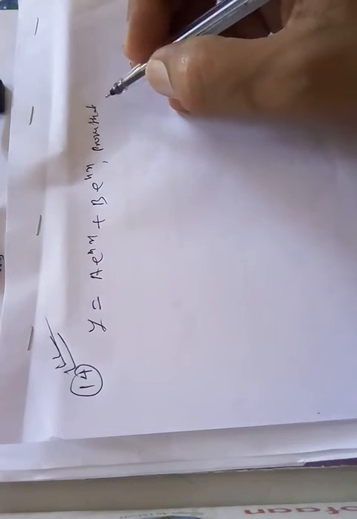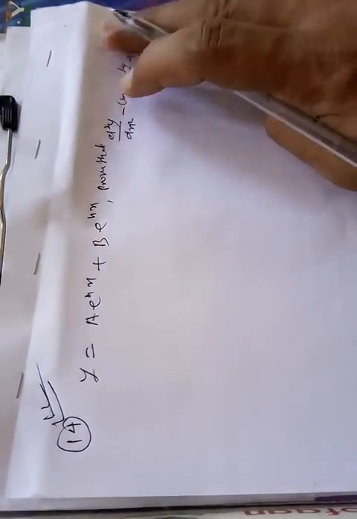Prove that d2y/dx2 minus (m plus n) dy/dx plus mn y equals 0.